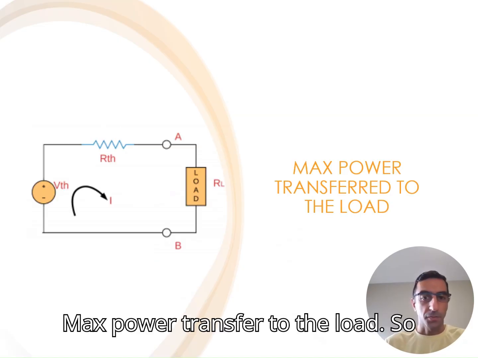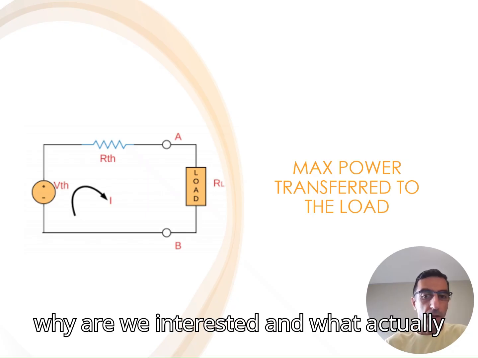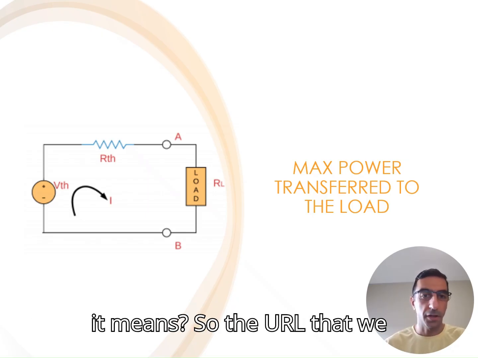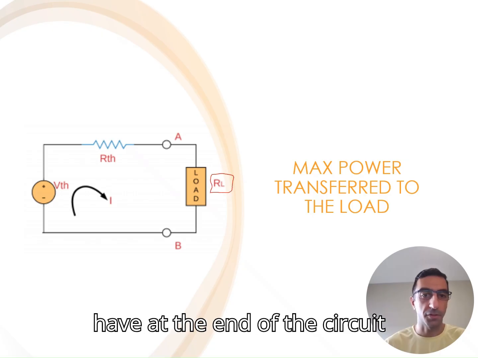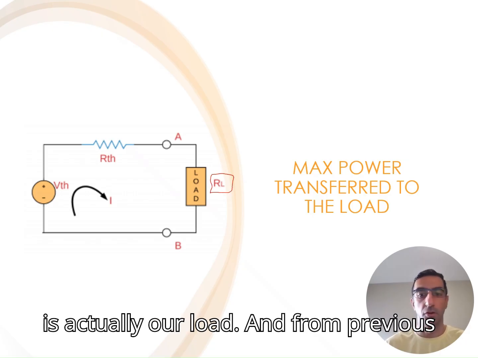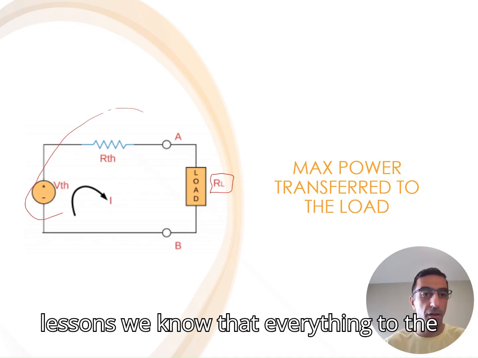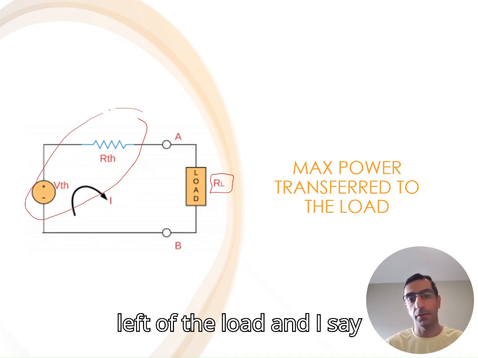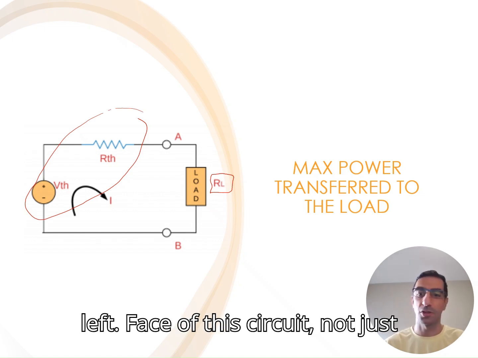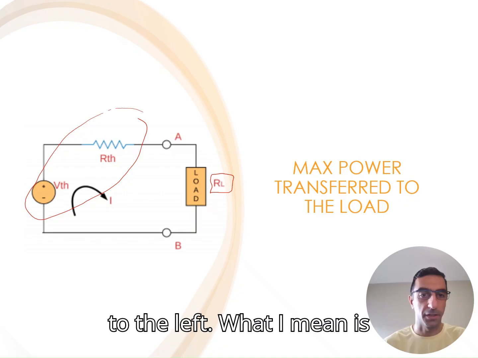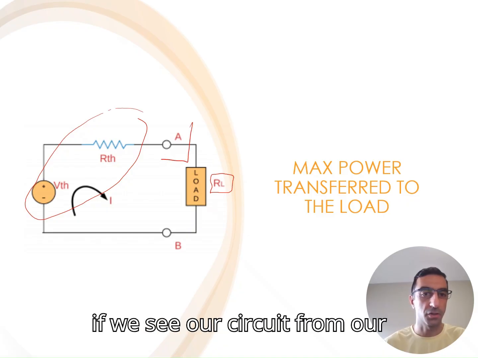Max power transfer to the load. Why are we interested and what does it actually mean? The RL that we have at the end of the circuit is our load. From previous lessons, we know that everything to the left of the load, and I say left based off this circuit, is what we see if we look at the circuit from our load's perspective.